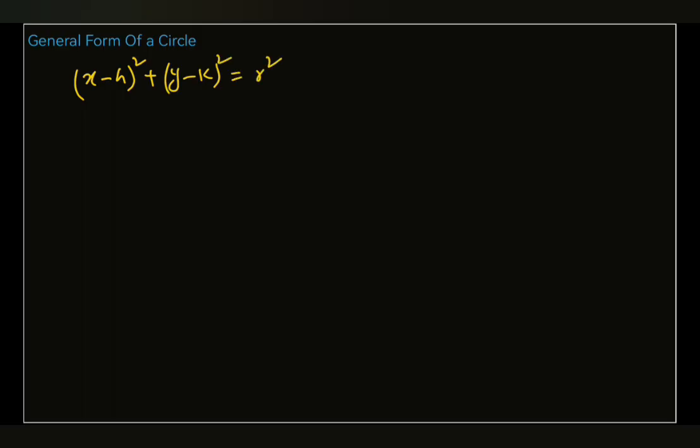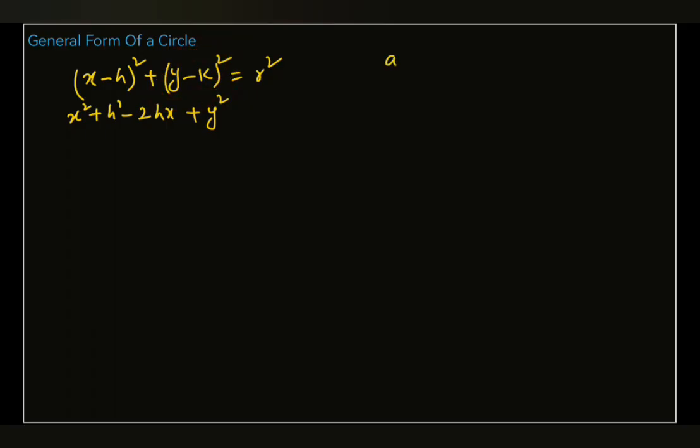If we expand these squares, we get x square plus h square minus 2hx, plus y square. Here we are going to expand (y minus k) whole square.